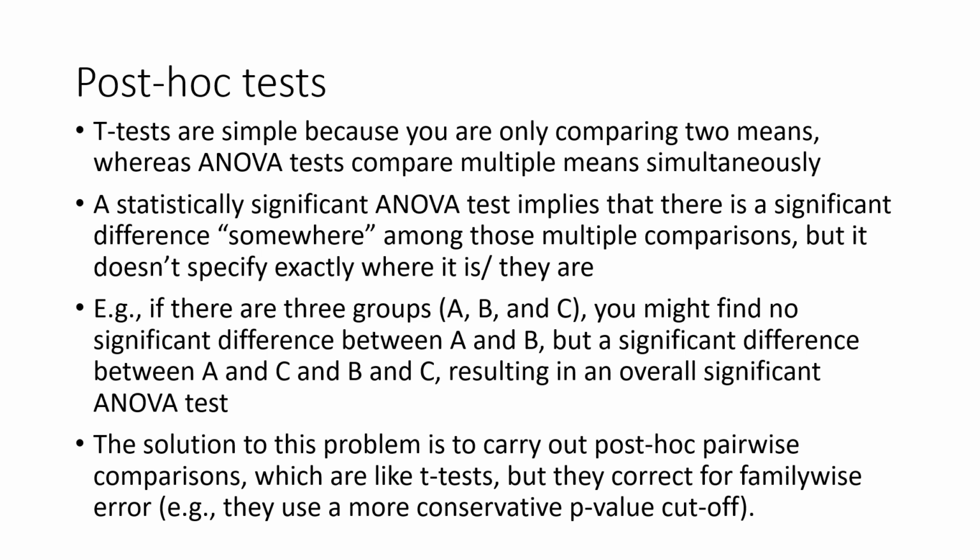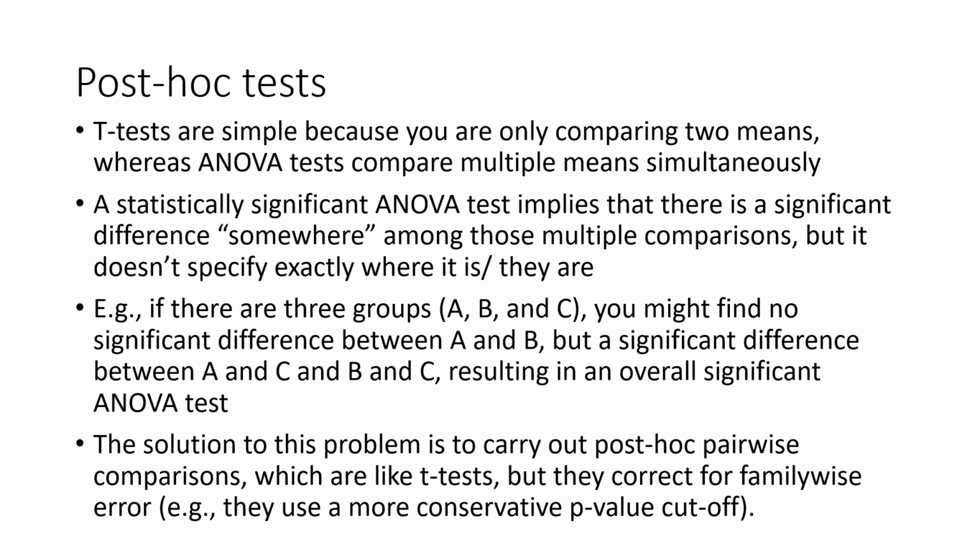It's also comparing mean scores. But the difference here is that an ANOVA test compares multiple mean scores. And this makes it difficult to understand where exactly the mean differences are. So if we have 3 groups as opposed to 2, there may be different configurations of statistical significance across those 3 groups.